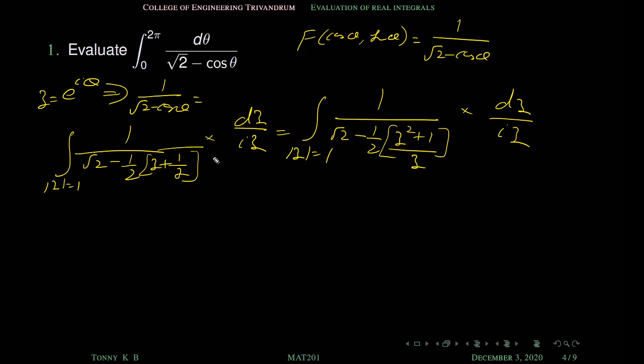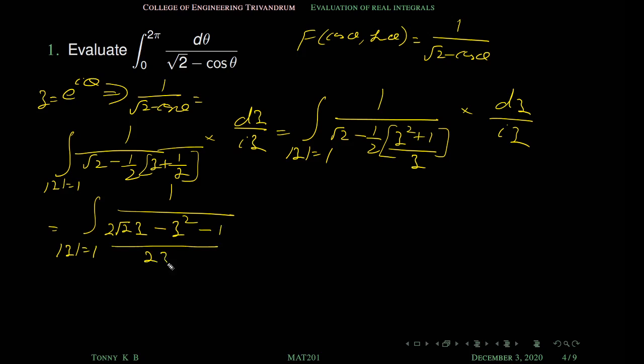Then this integral becomes the integral over mod z equal to 1 of 1 by 2 root 2 z minus z squared minus 1 divided by 2z, dz by iz. So you can cancel this z.